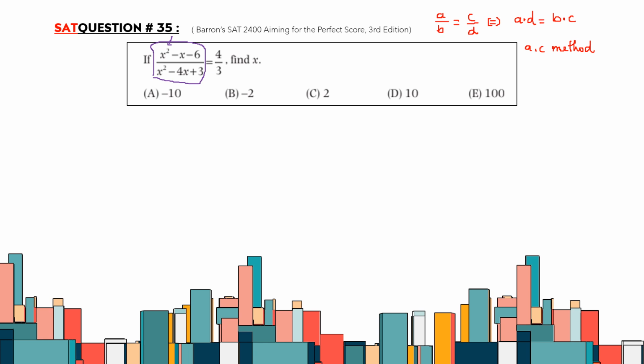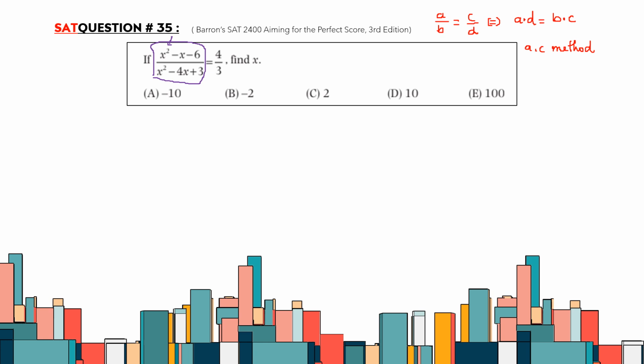You can check this out when you go to the playlist of EasyPy and click on week 2, which is the second part. We're talking about the AC method and all the methods to solve for the quadratic equation.